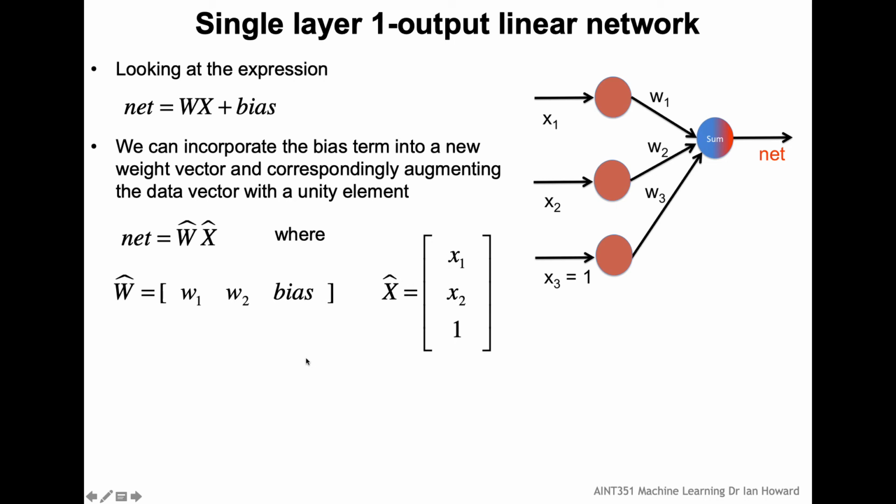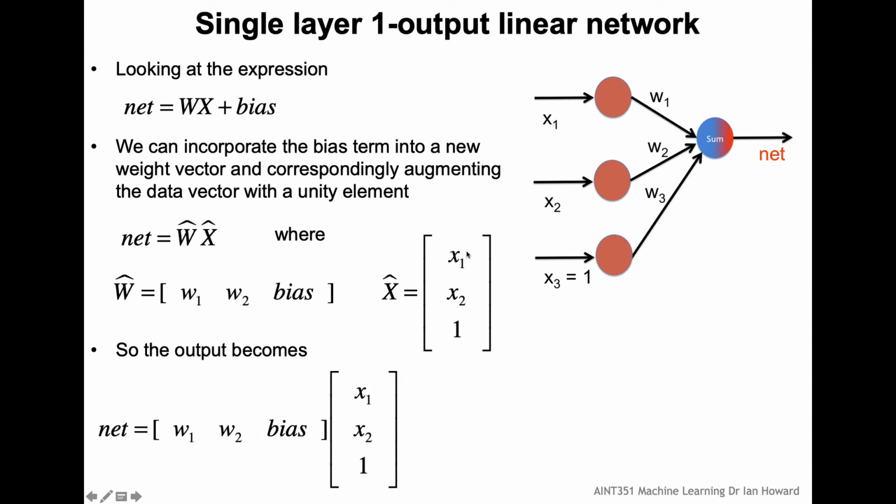And in order to make sure the calculation does what we want it to do, that's easy. All we have to do is append the x data vector with a 1 in the last position. So basically the bias term gets multiplied by 1 and added on to the products of all the elements, and they all get summed together. Right, so we end up with this simple form for this two-dimensional case.